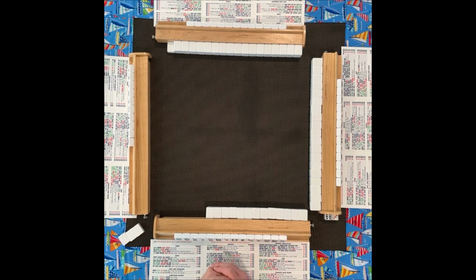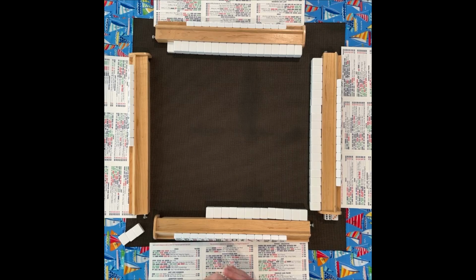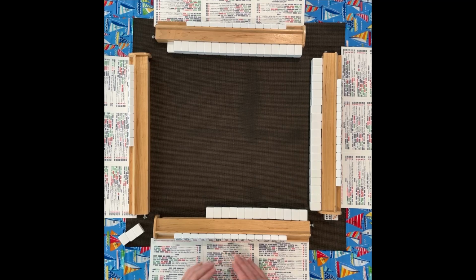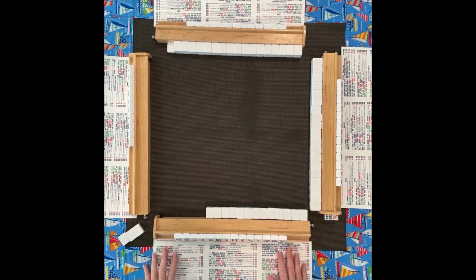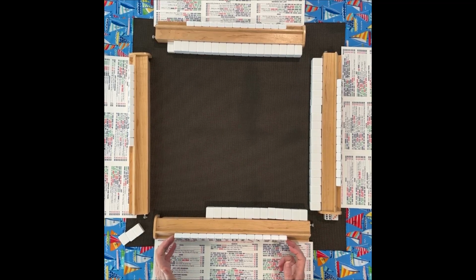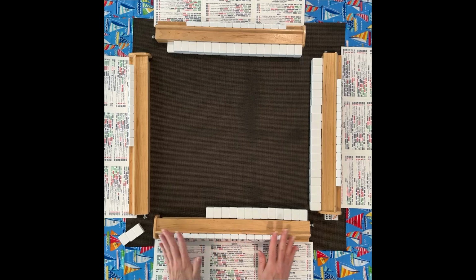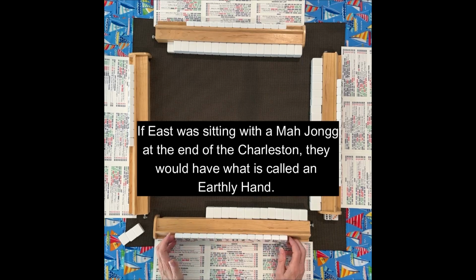Now I want to show you what would happen if I had no tiles to pass, because you can pass 0, 1, 2, or 3. But if I had no tiles to pass, that would mean that I had Mahjong after the Charleston. And the name for that is having an earthly hand. It doesn't happen often, but it does happen. And it's an incredible experience if you're ever able to experience it.